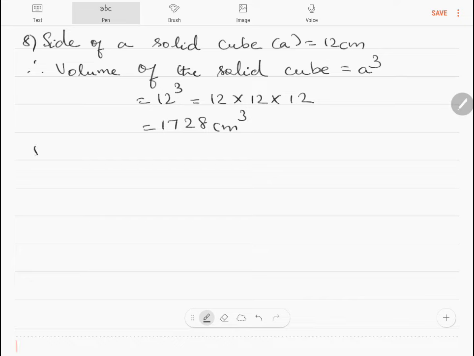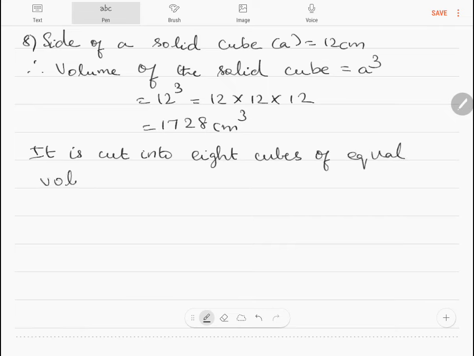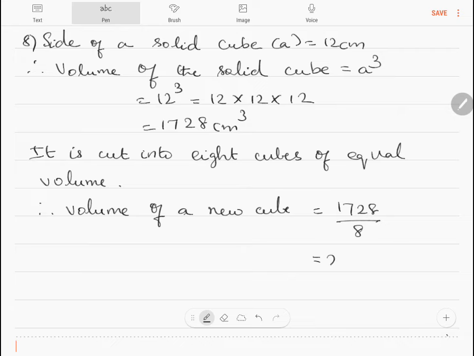Now it is cut into 8 cubes of equal volume. Therefore, volume of a new cube is 1728 by 8, which is equal to 216 centimeter cube.